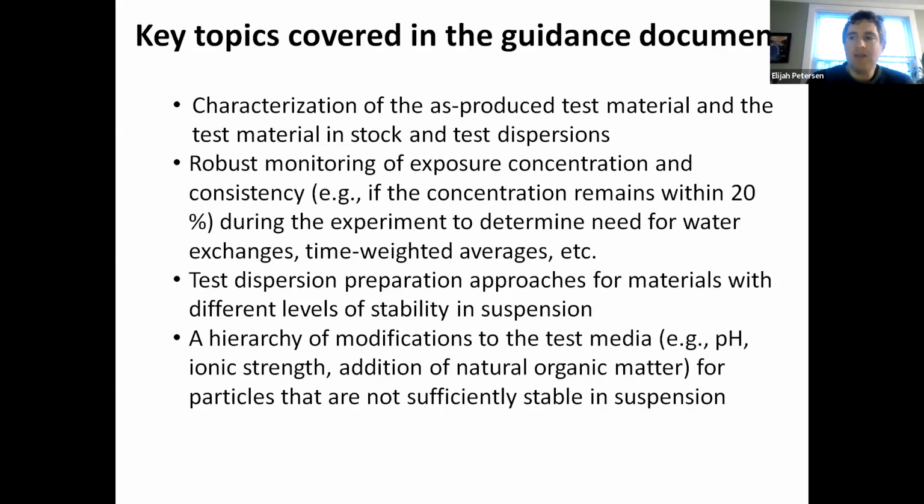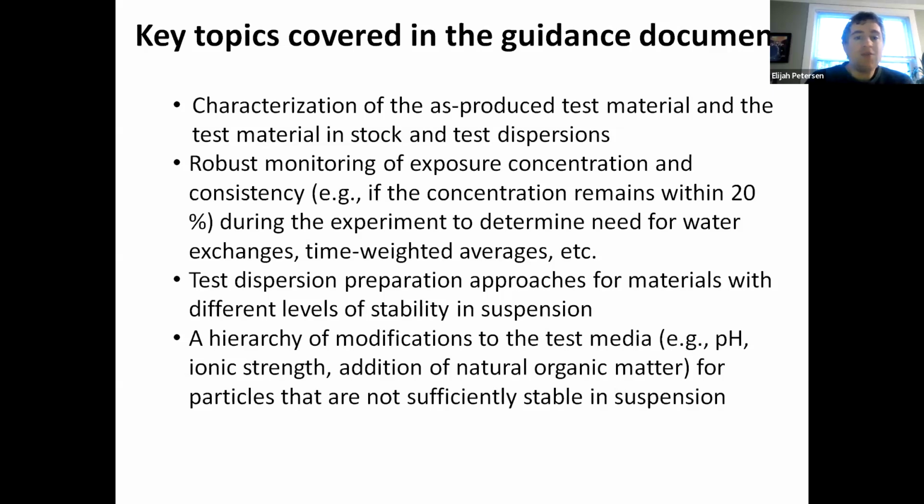And this was all done because a lot of the test guidelines specify that you need to be within 20% of the initial concentration. For those of us who've worked with nanomaterials, this can be very challenging. A lot of them have the potential to agglomerate and sediment out of suspension. So this was a very tricky thing.